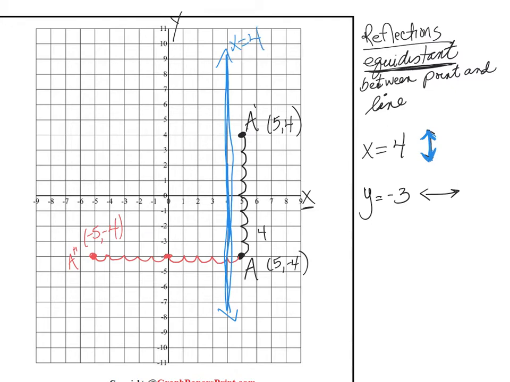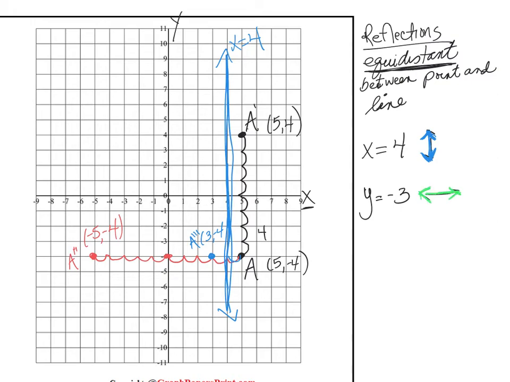And you'll notice how point A is only 1 unit away from x equals 4. So therefore its reflection will also be 1 unit over that line. So A triple prime over x equals 4, that reflection would be 3, negative 4.